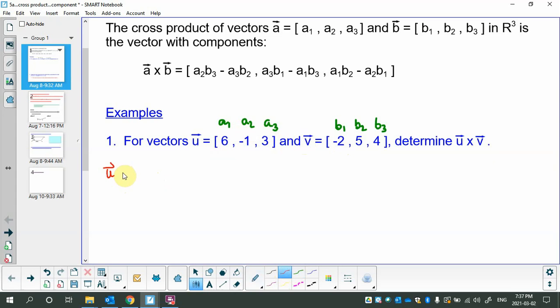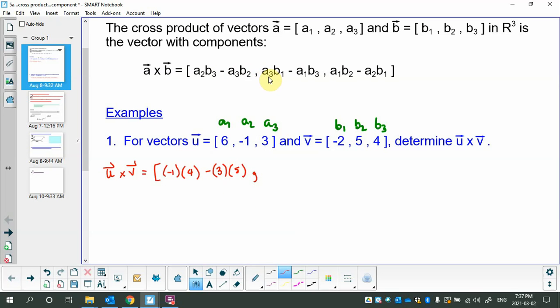So U cross V is equal to the second A, -1, multiplied by the third B, that's 4, minus the third A multiplied by the second B. Big comma.